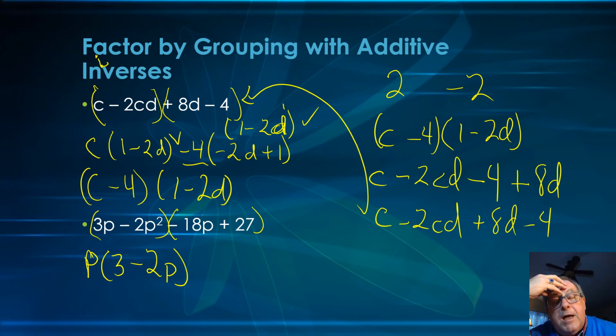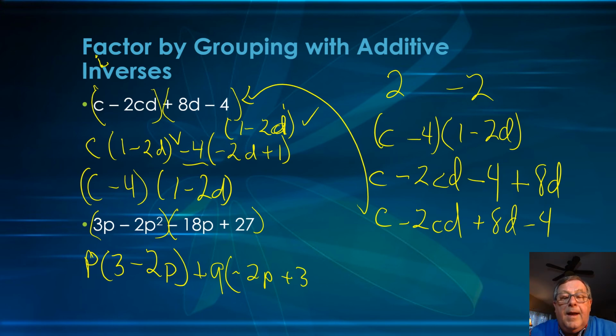Well, 18 and 27 are both divisible by 9, so I can factor out a 9 from both. So we factor out positive 9, which gives me -2p plus 3. And I can rewrite that as 3 minus 2p, which doesn't change the value at all.